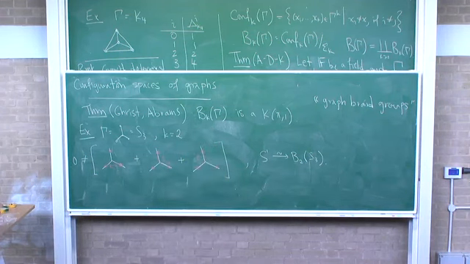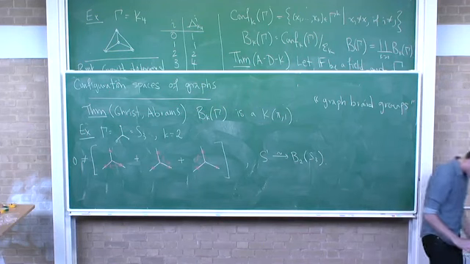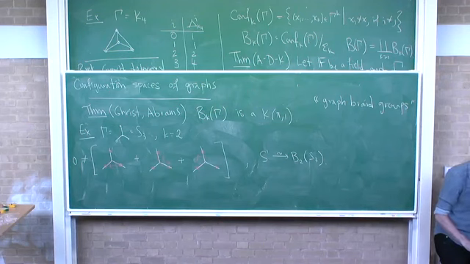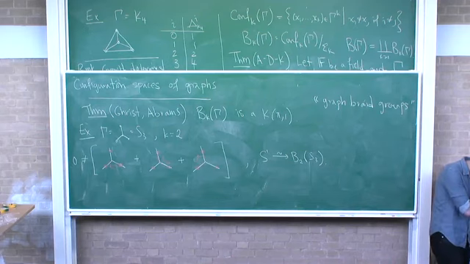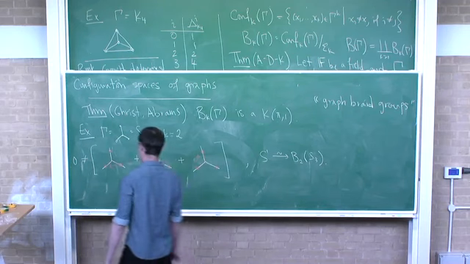So the configuration space of 2 points in this 3-star is a circle. So that's one example. It might not be the most absolutely thrilling example of a group. Here are some other cool examples of groups that you get.